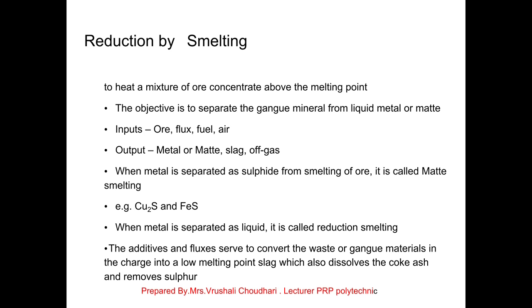The reduction takes place by the smelting process. What is the smelting process, or what is the reduction, in which we remove the oxide? In this, the concentrated ore is heated above its melting point and it separates out the matte or the pure metal.